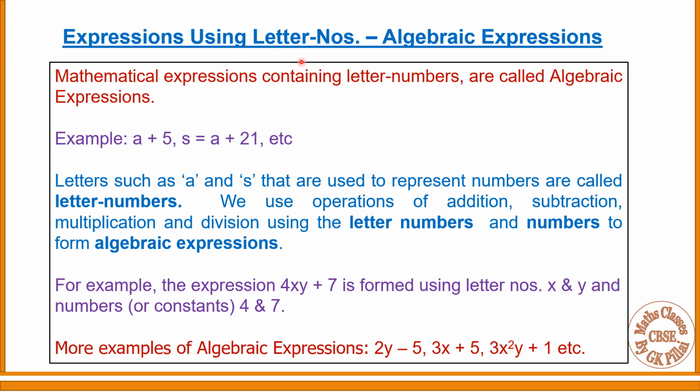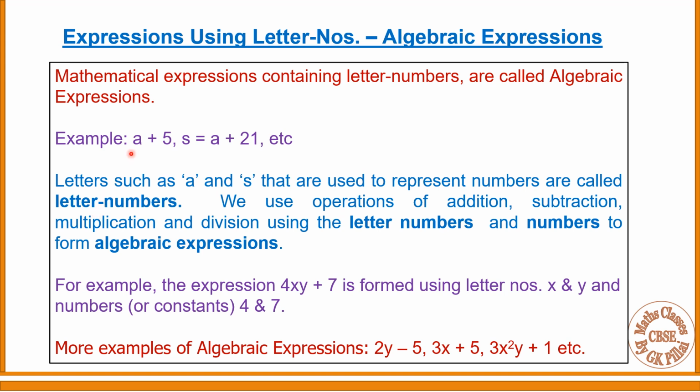So, expressions using letter numbers, or algebraic expressions. This is a very simple definition of algebraic expression. Mathematical expressions containing letter numbers are called algebraic expressions. Letters such as a and s that are used here to represent numbers are called letter numbers.